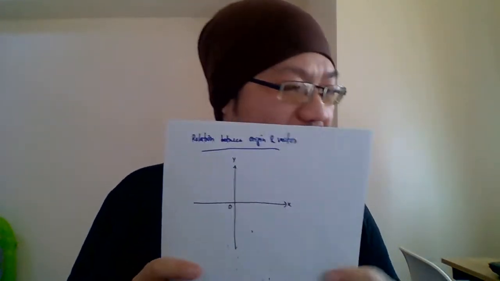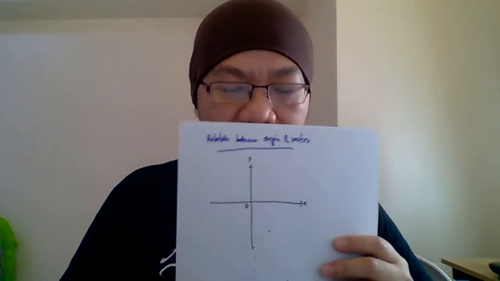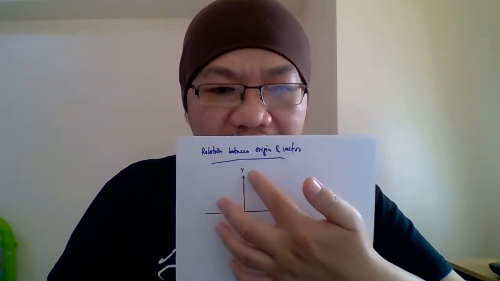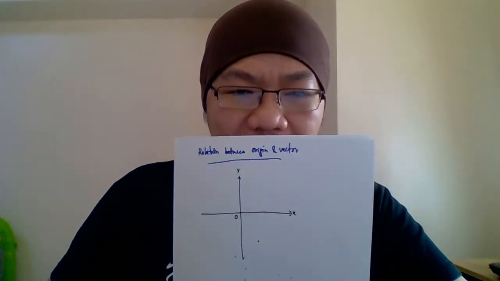This is y and x, this is the origin. Now our fourth lesson for today. So what's the relationship between this origin and the vector?